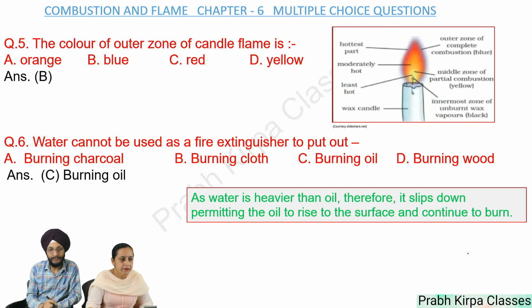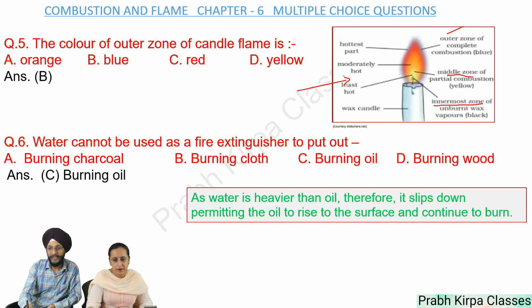Next, question number 5. The color of outer zone of candle flame is A. Orange, B. Blue, C. Red, D. Yellow. So answer is blue. In this picture, you can see that the candle has three zones: outer zone, middle zone and innermost zone.